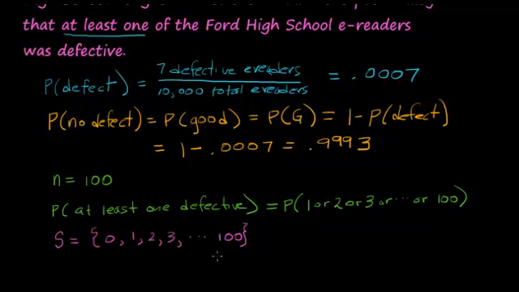Turn them on, make sure they're all working, and when they're done, one of these outcomes was what they found, the number that were defective. Okay, so at least one, of course, represents 1 or 2 or 3 or 4, all the way to the highest possible number, 100. Okay, what is not included?